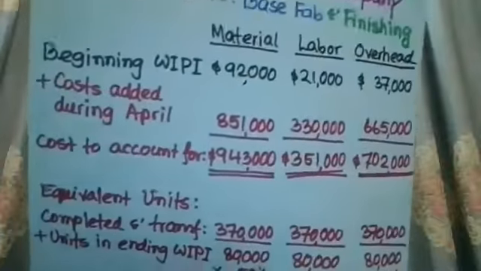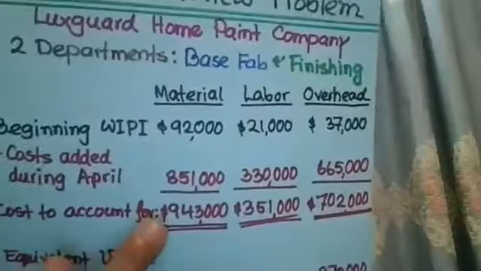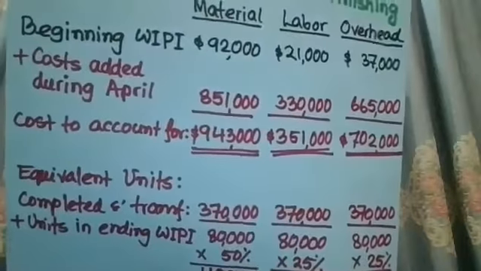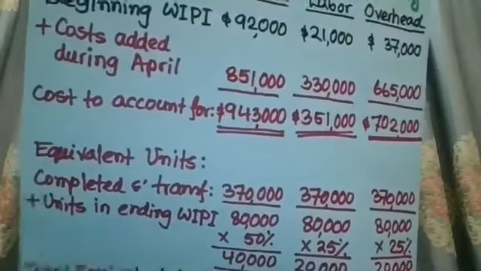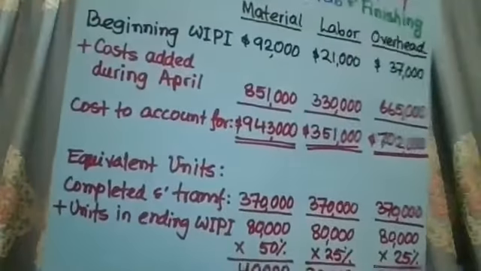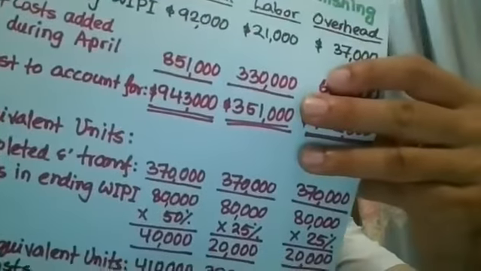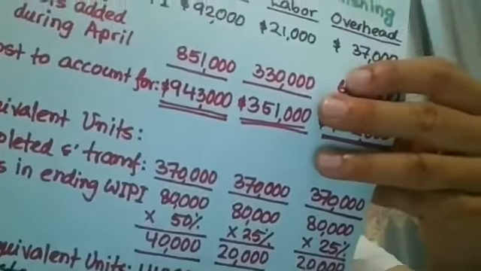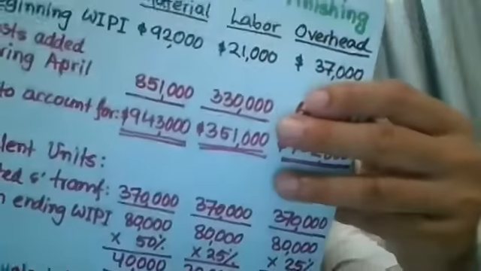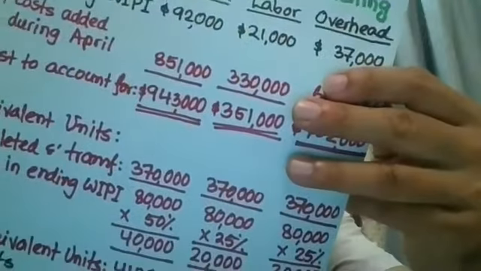So divide the total material cost by total equivalent units. 943 divided by 410 gives you $2.30 per unit material cost. And then per unit labor cost would be 351,000 divided by 390,000, which is 90 cents, and 702,000 divided by 390,000, which is $1.80.